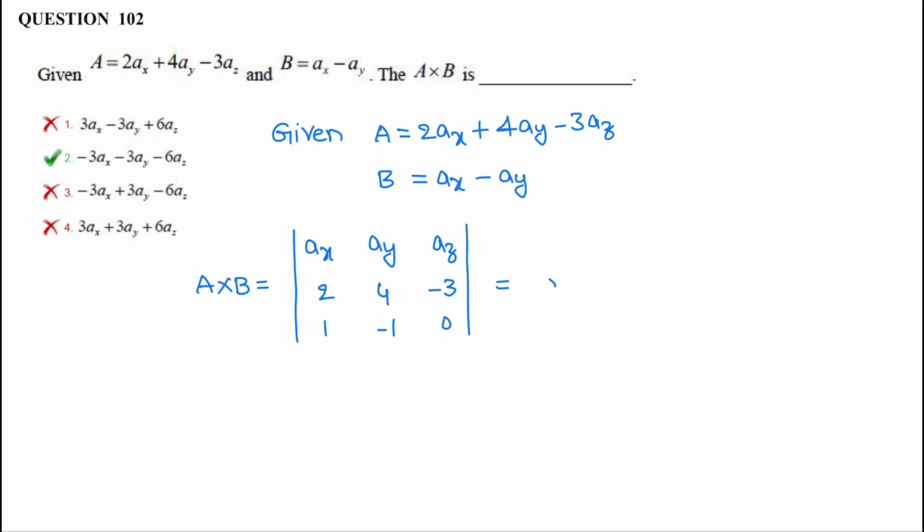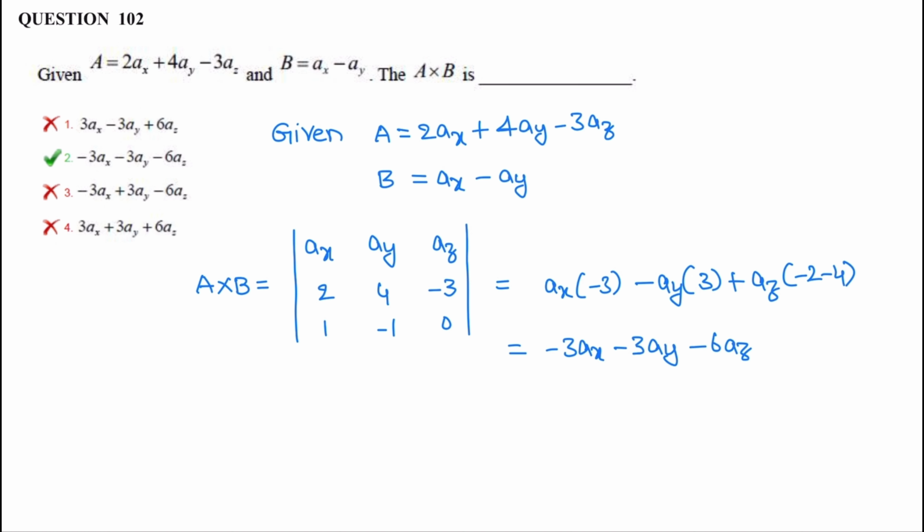On solving, we have ax component coefficient is minus 3, ay component coefficient is plus 3, plus az minus 2 minus 4, that is minus 3ax minus 3ay minus 6az. Correct answer is option 2.